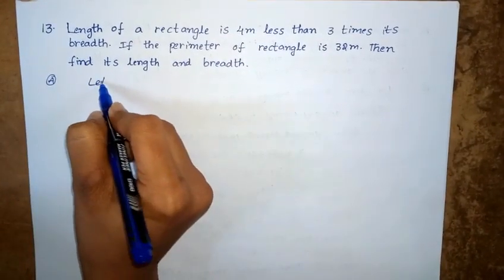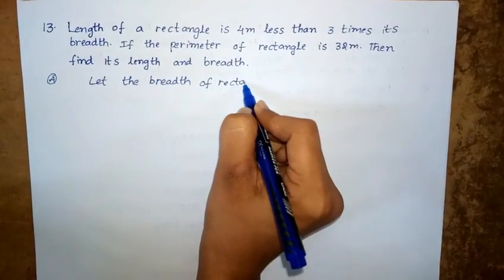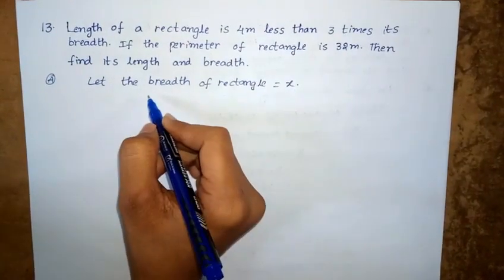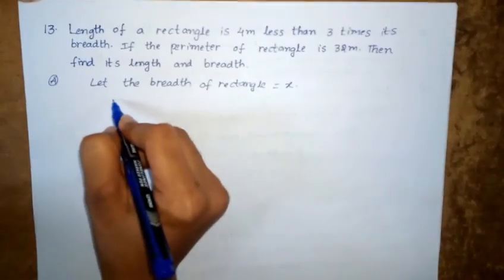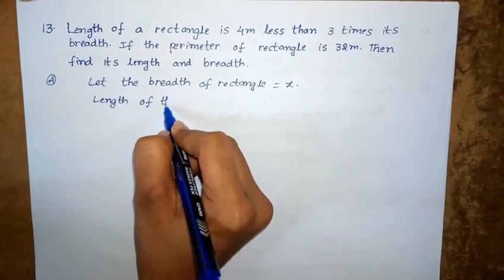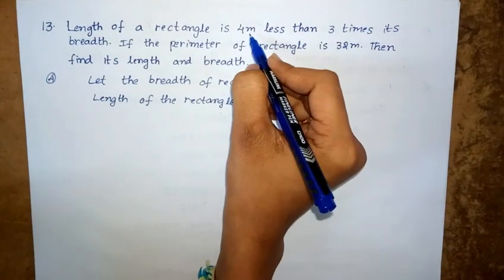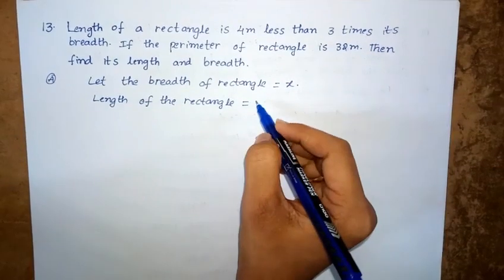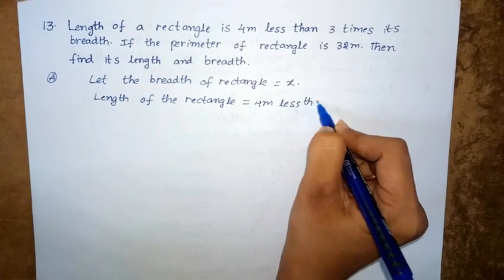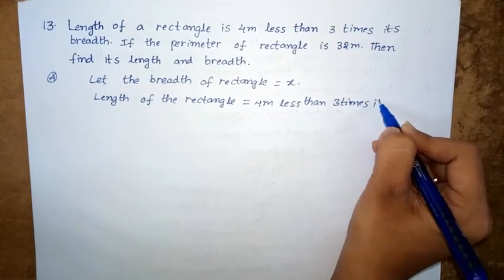So let the breadth of the rectangle be X. Now the length of the rectangle is, in the problem, given as 4 meters less than 3 times its breadth.